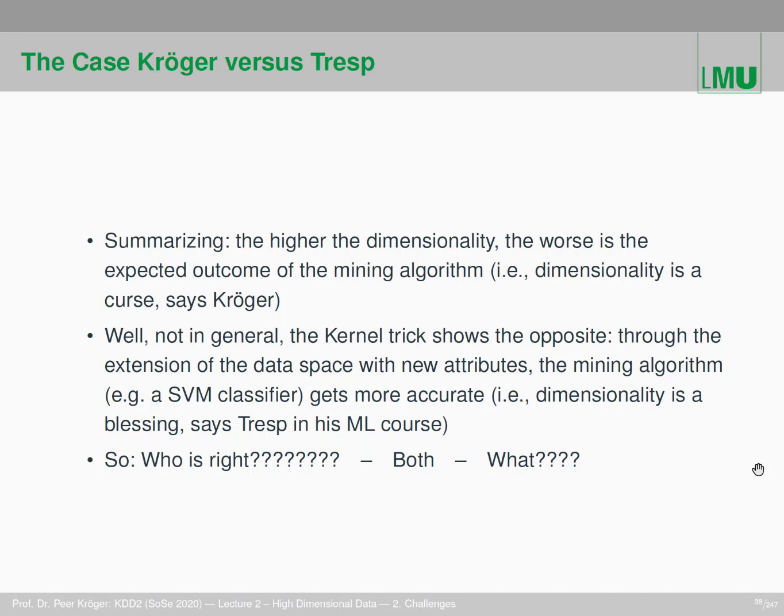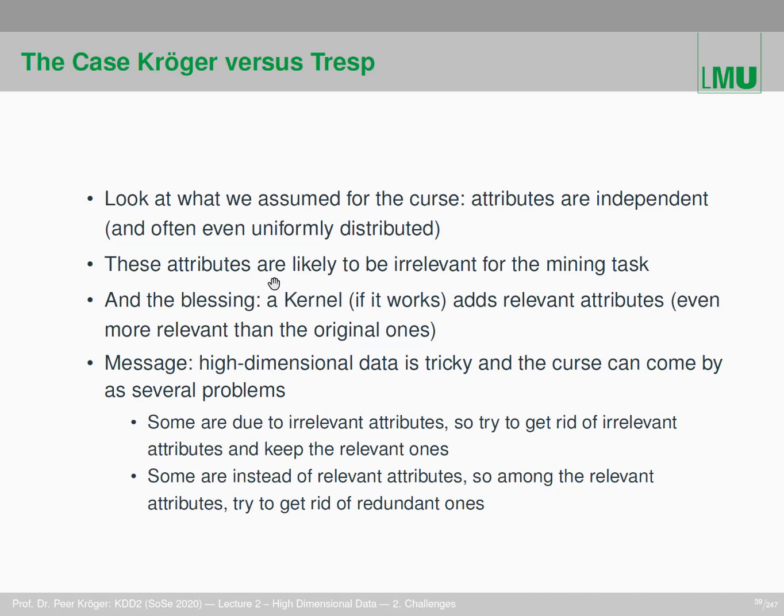But the main assumption was that we assume that all attributes, or most of the attributes, are irrelevant to the data mining task, or correlated with each other, so that they are somehow overemphasized. But typically we assume that the attributes are independent and uniformly distributed, and in this case they are completely irrelevant to the data mining task. And in that case we typically have a curse.